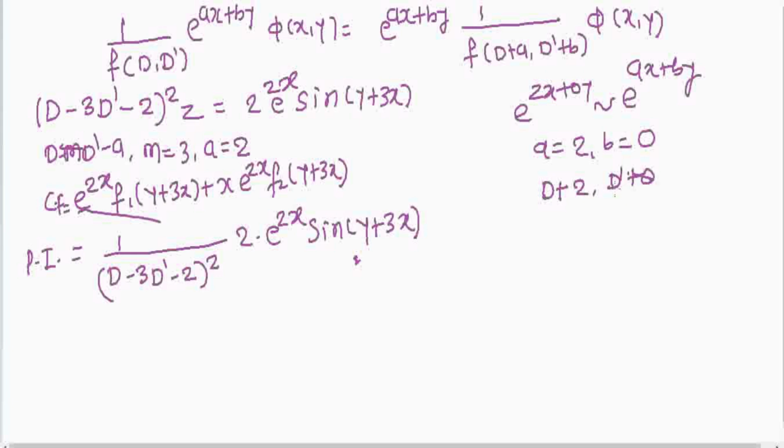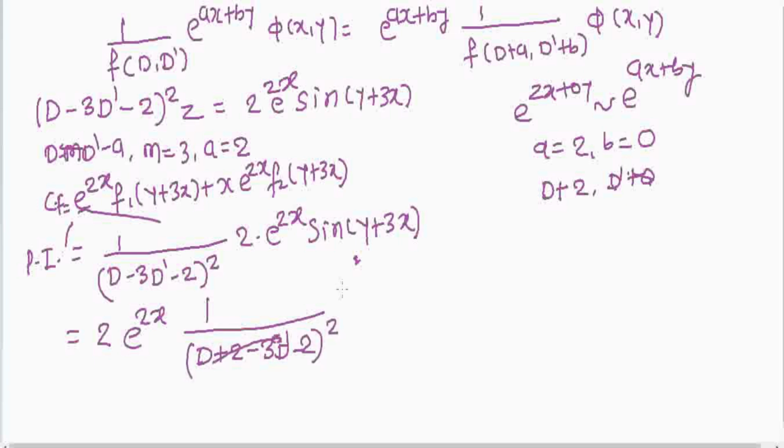So this is equal to 2 into e raised to 2x, 1 divided by (D plus 2 minus 3D dash minus 2) whole square into sine of (y plus 3x).